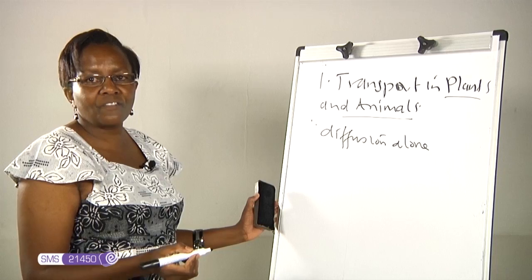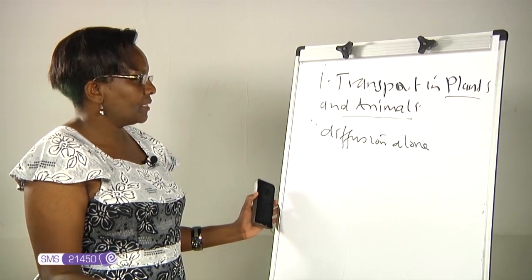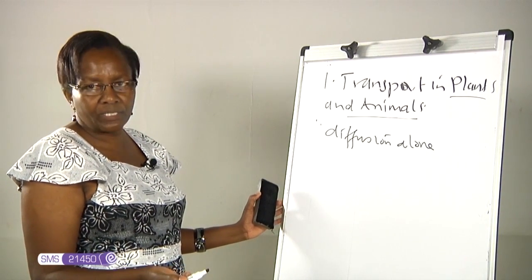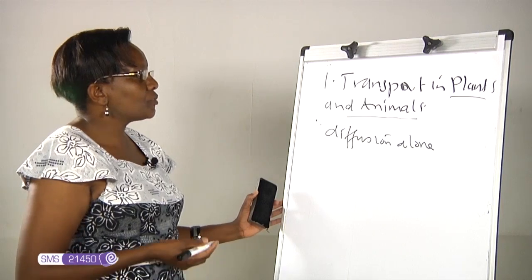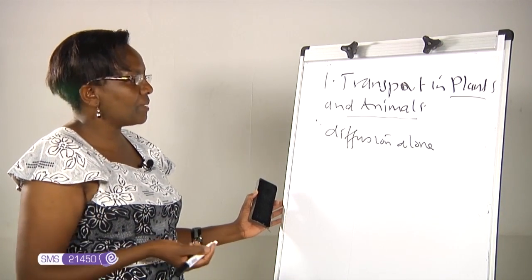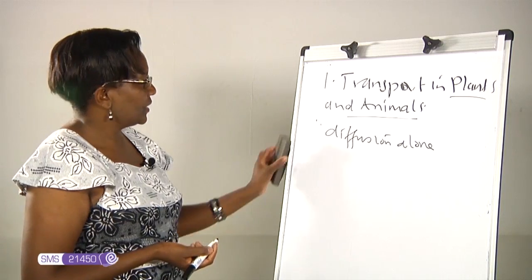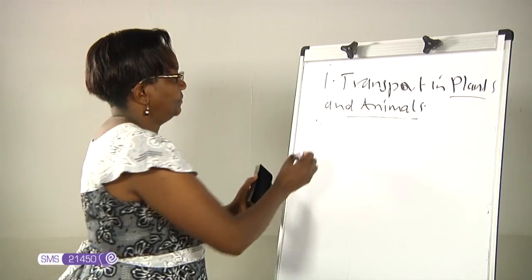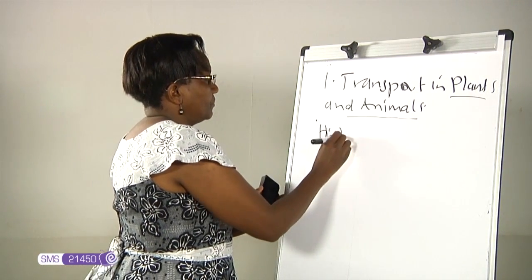So they do not have a transport system. They rely on diffusion alone. So diffusion is sufficient to transport the nutrients, at the same time to remove the wastes. So what about the higher organisms?